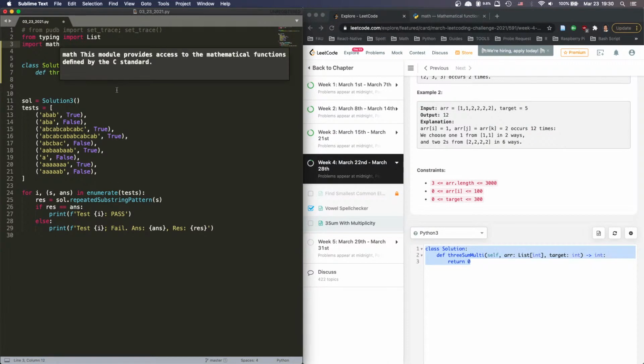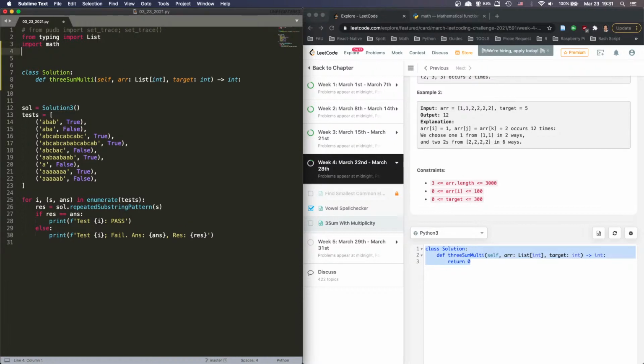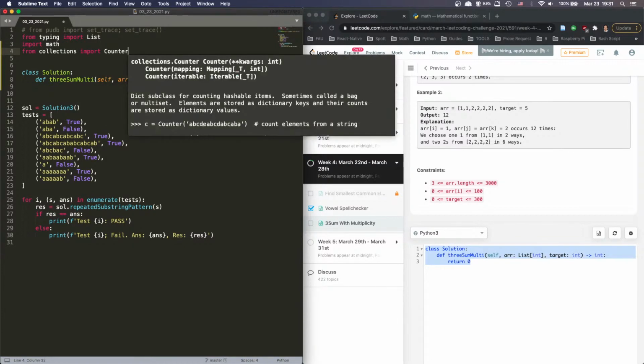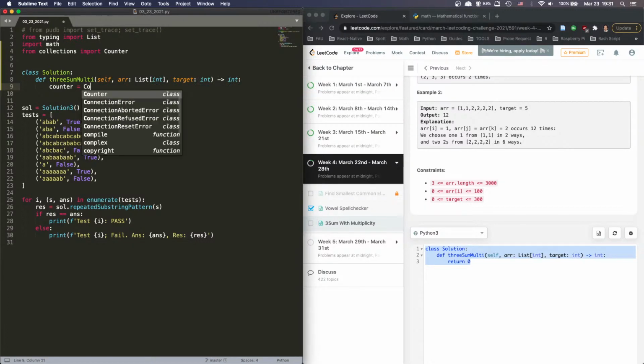Import math. We're going to start with a for loop. No, start with a counter. So we're going to do from collections import Counter. Then we're going to say counter equals Counter of the array.